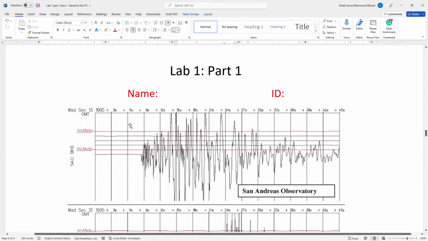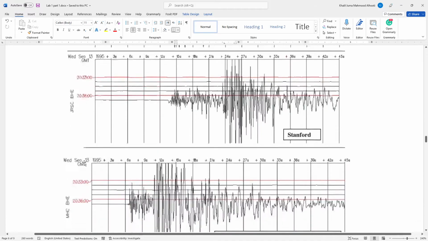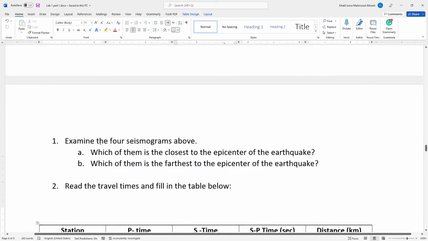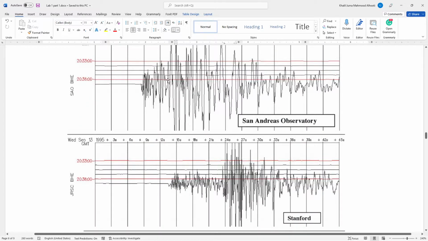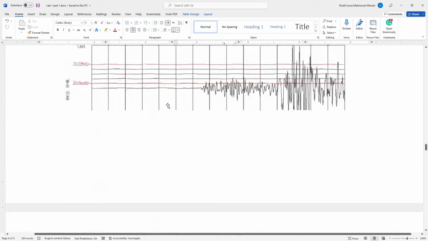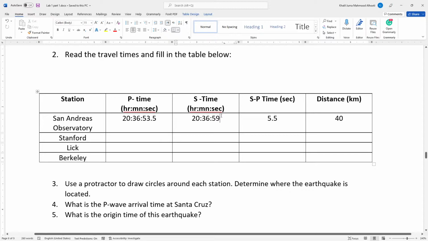So, for example, for San Andreas, the first one, San Andreas Observatory, we find the S wave is somewhere here. That's the location of the S wave. And it's already recorded for you, written for you here.